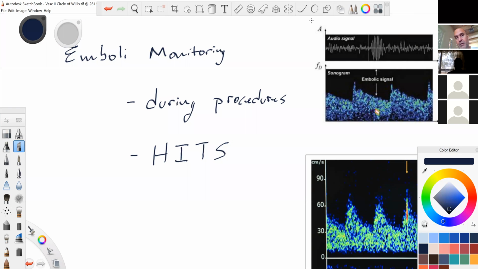There's a lot of vascular surgeries that can cause a stroke during the procedure. There's always a risk of bleeding, a risk of infection. Well, there's also a risk of stroke. And so during an endarterectomy, for instance, or a stent placement, you could have emboli monitoring.